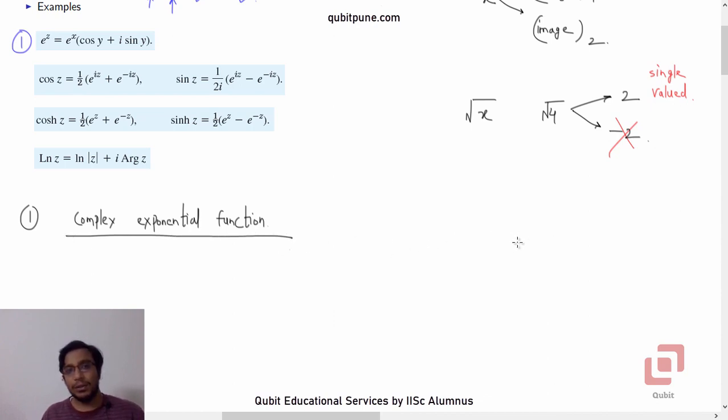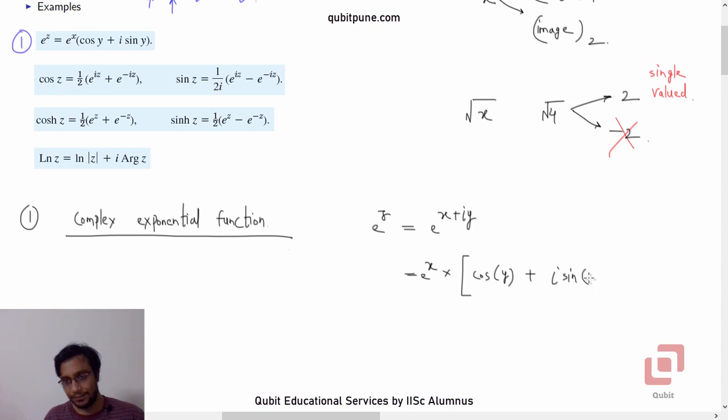So we already knew the real exponential functions, e to the power x. Now we are defining it in this way, e to the power z, where z is the complex number x plus iy, and well, you can use Euler's formula now. e to the power i theta is cos theta plus i sin theta.